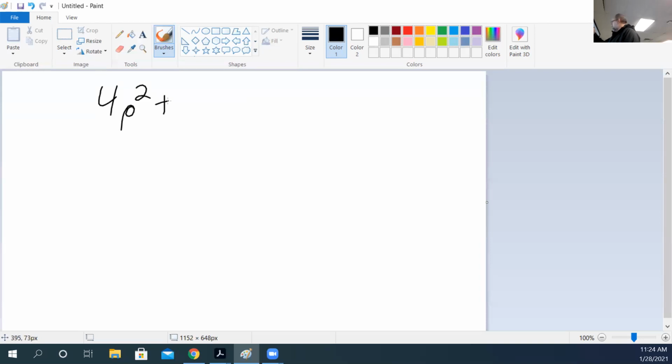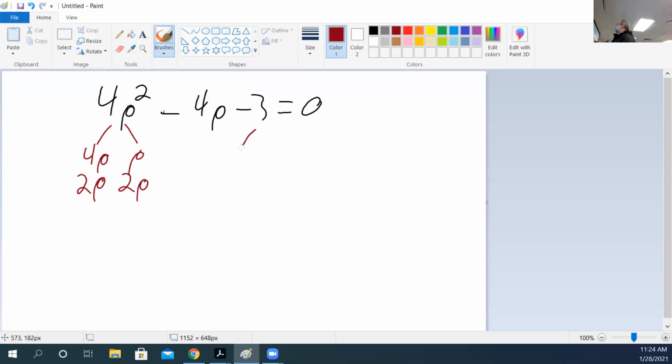4p squared minus 4p minus 3 equal to 0. So those kind of things we were doing just last week, right? So first we split the first term, 4p times p, or 2p times 2p. This is 1 and 3, 1 times 3. So we're looking for what combination of multiplication will subtract to give us a 4 in the middle.